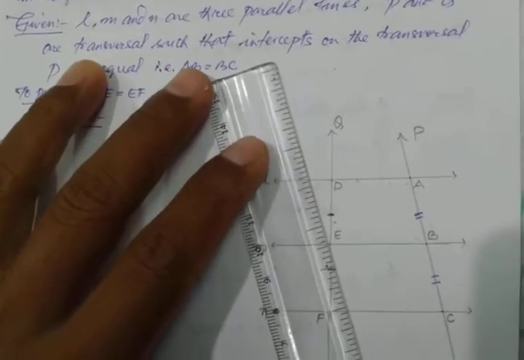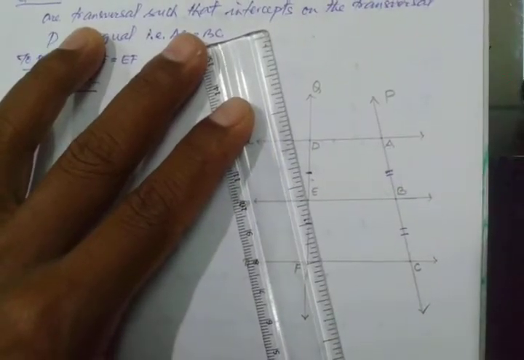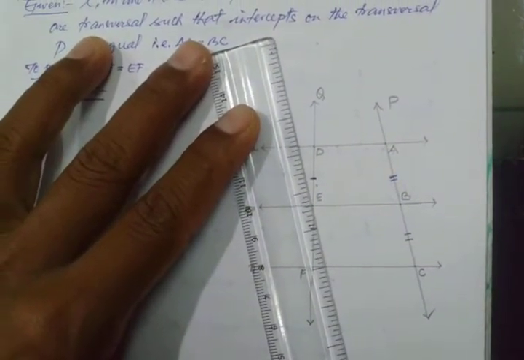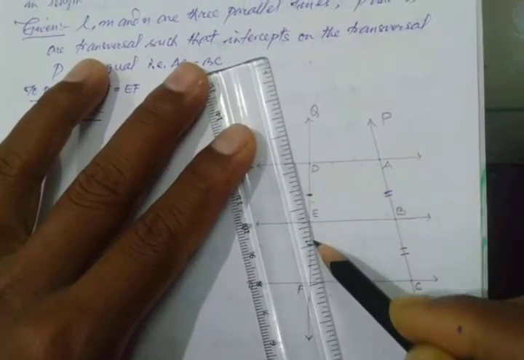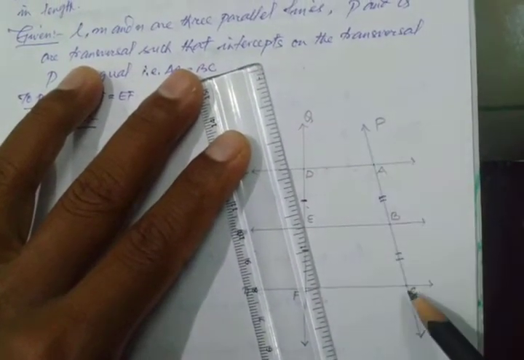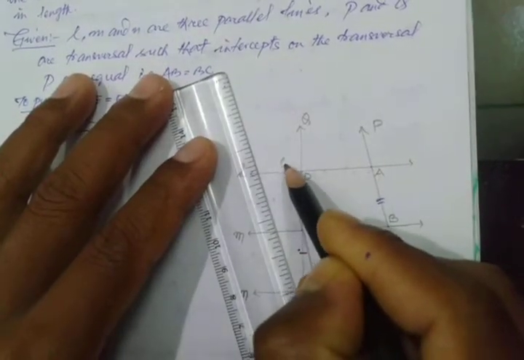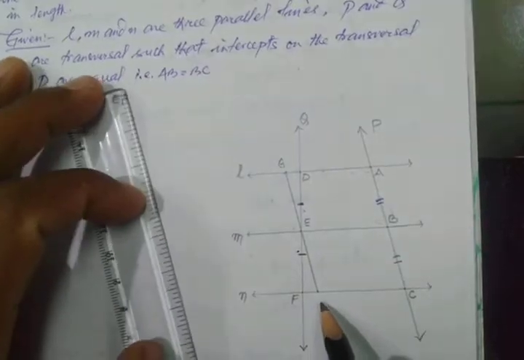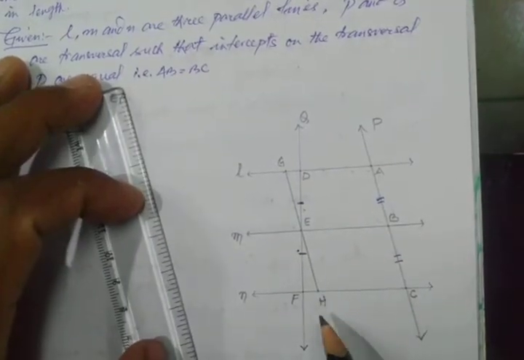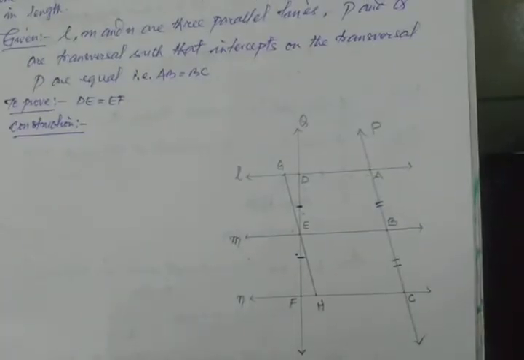I'll draw a line through E, and that will be parallel to the transversal P, touching L at G and N at H. So that is our construction.